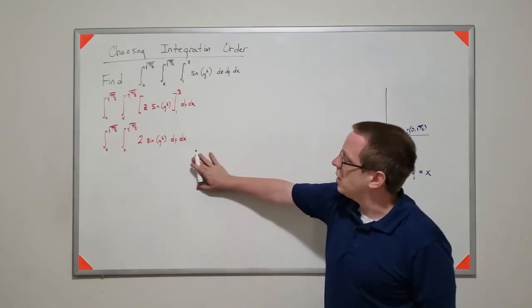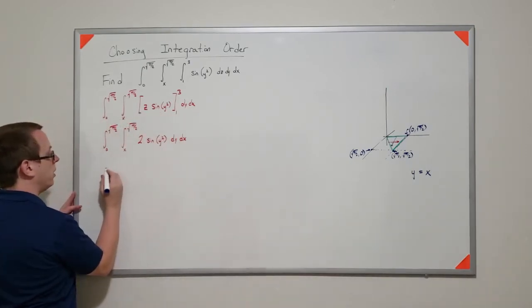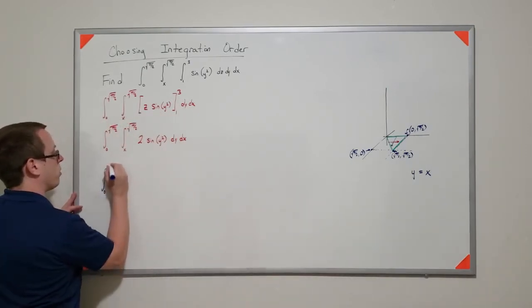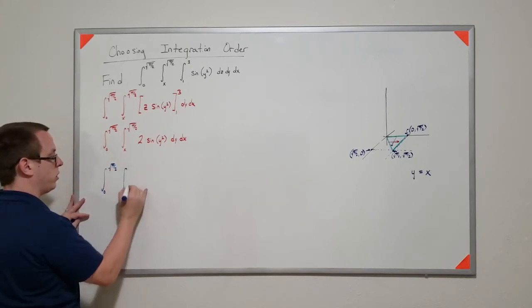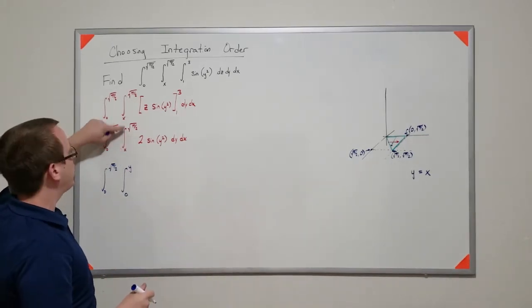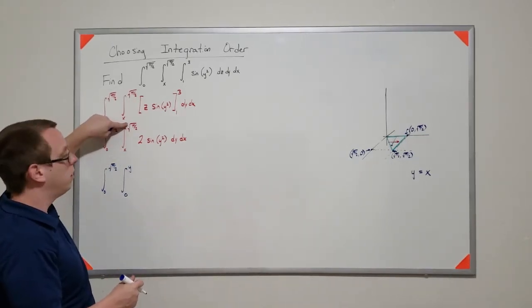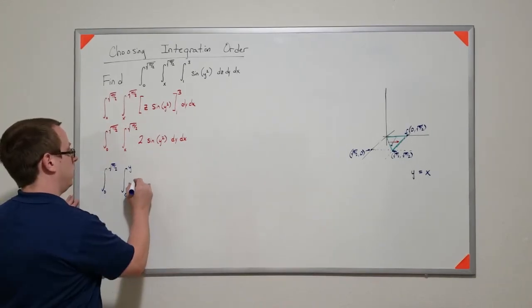So in this particular case, instead of these limits, we say, okay, well, y goes from 0 to square root of pi over 2, and x goes from 0 to whatever y is. So in this case, this one started at x and finished out at the end. This one starts at 0 and finishes at what y is.